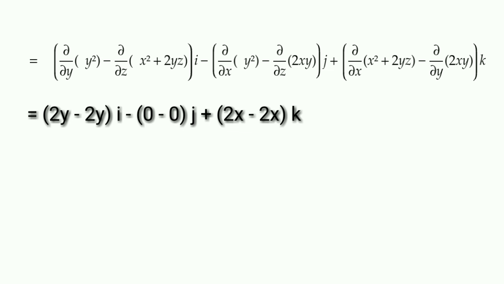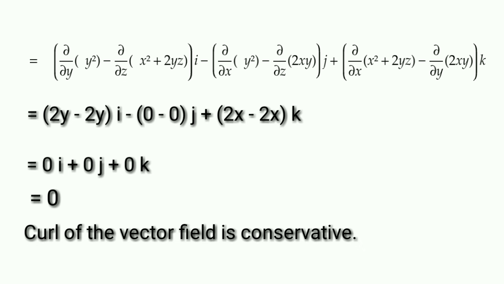Everything cancels out, and that simply leaves us 0i plus 0j plus 0k equals 0. The curl of our vector field turned out to be 0, so it is conservative.